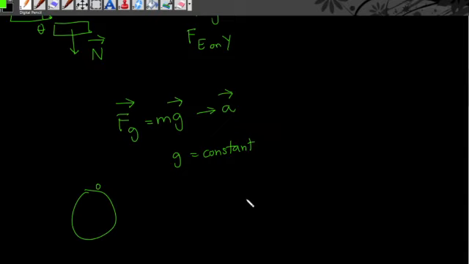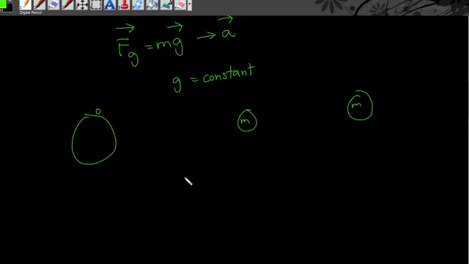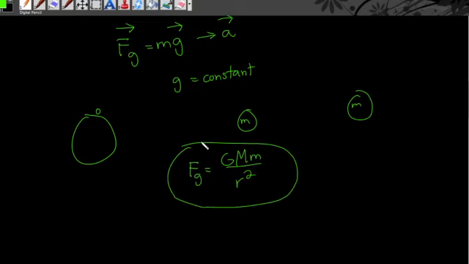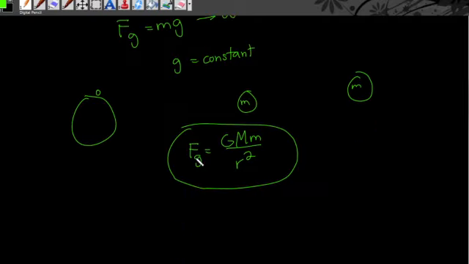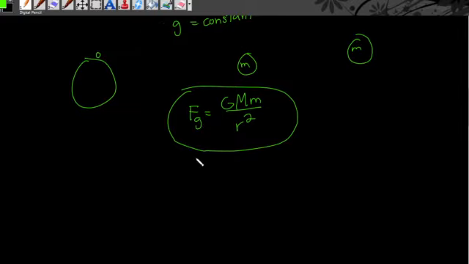But if we wanted to look at gravitational force between two objects of similar masses, and the distance between them could vary, then we would use a more universal formula, which I won't talk about in detail in this video. But in a later video, I will talk about this more. This is the more universal gravitational force formula, and I'll dedicate a whole video to this. For now, I'm just going to go very surface level.